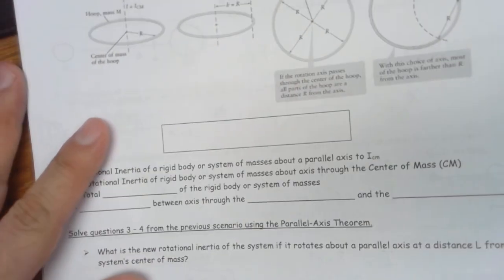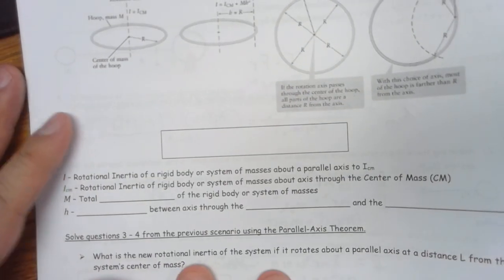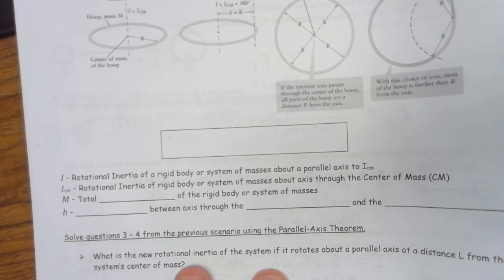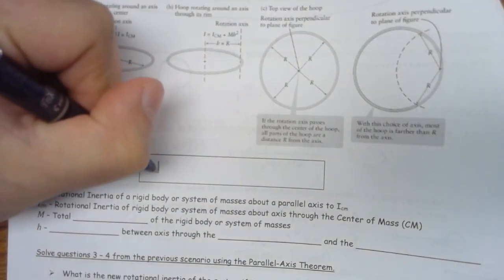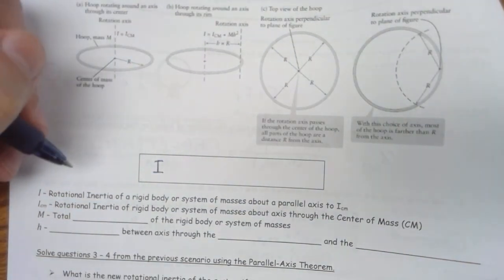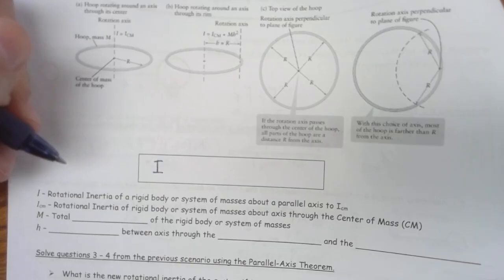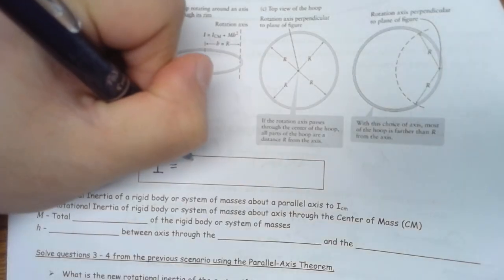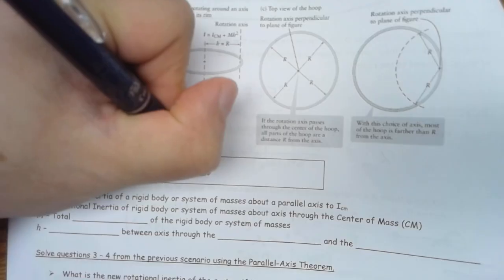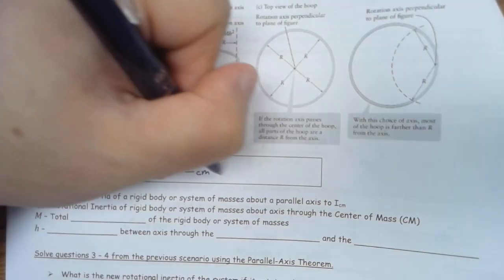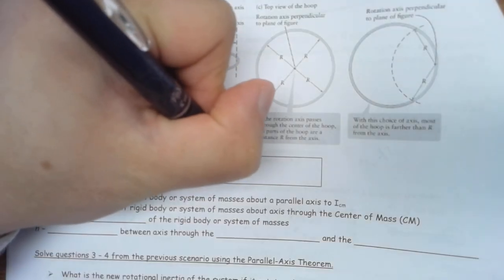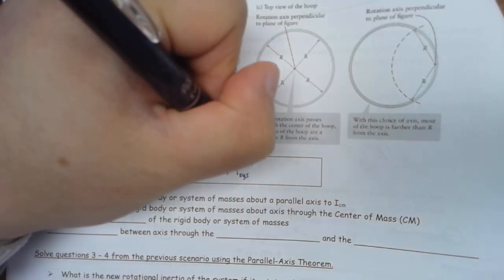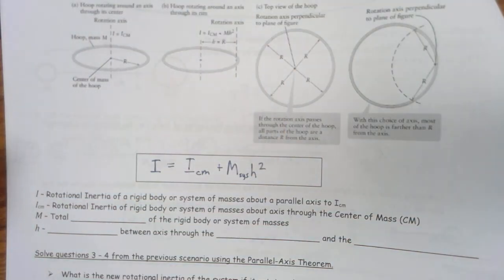We've got this whole page about the parallel axis theorem that says if we start to offset, the new inertial value, how hard it is to spin, would equal the easiest inertial value at the center of mass plus m of the system times h squared.